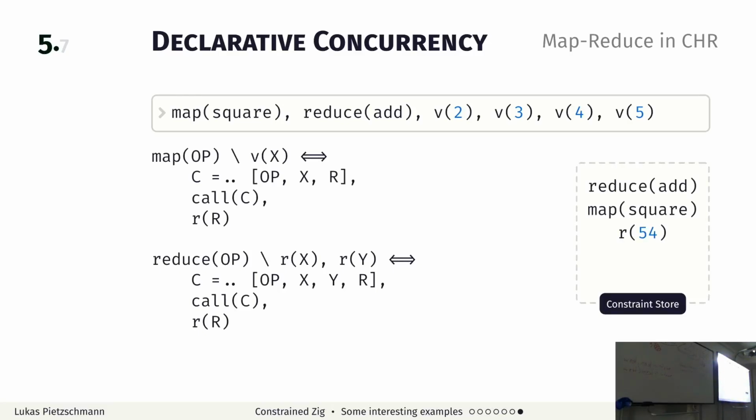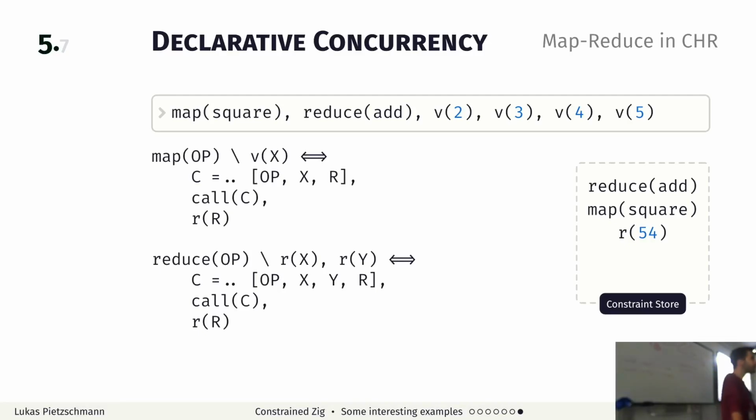And then in the end, after we have done that, we still have those two constraints inside the store and our final answer, our final reduced constraint with 54, which is hopefully correct. And again, we could prove that those two rules are indeed confluent, but you can also trust me. And because of that, we can easily partition them across a whole network of computers.